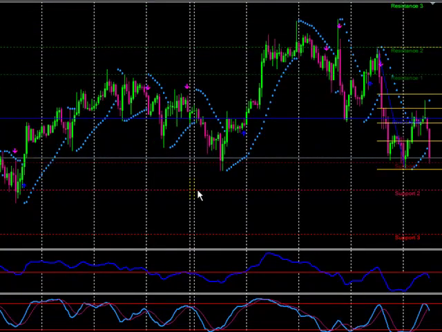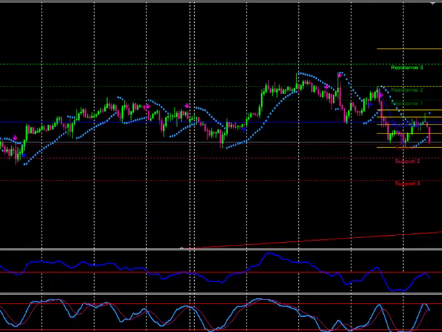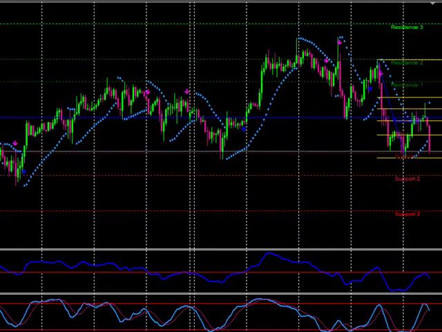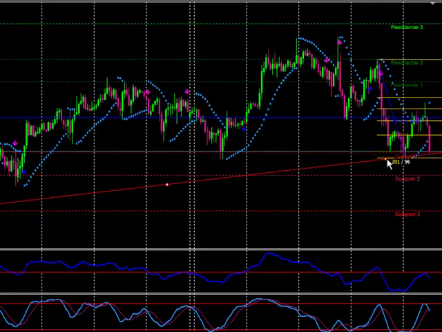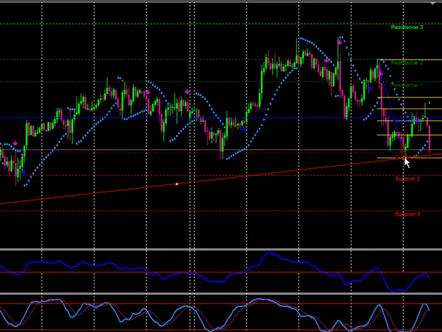I'm going to put the 1-hour. Okay, here's the 1-hour. I'm going to zoom back a little bit on the 1-hour and draw a line here. And we may see a little bounce off of that line, which we kind of did.